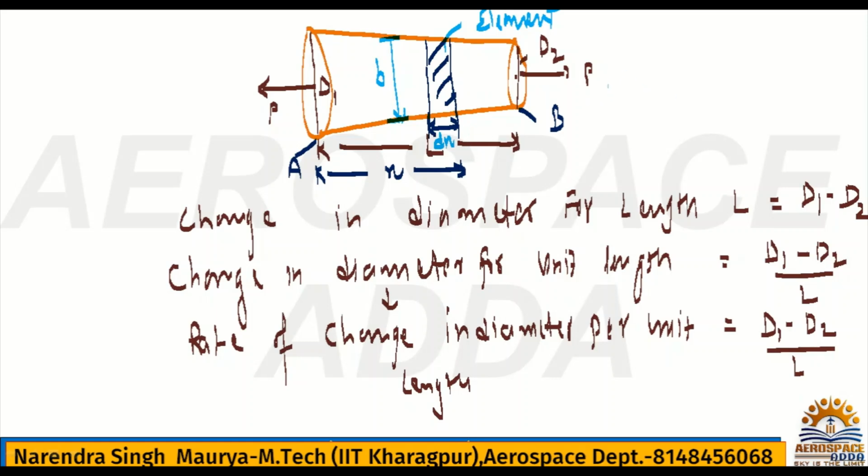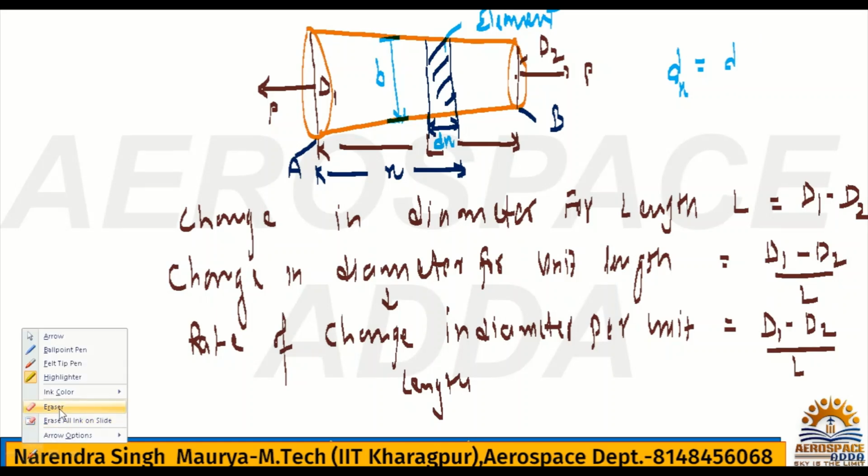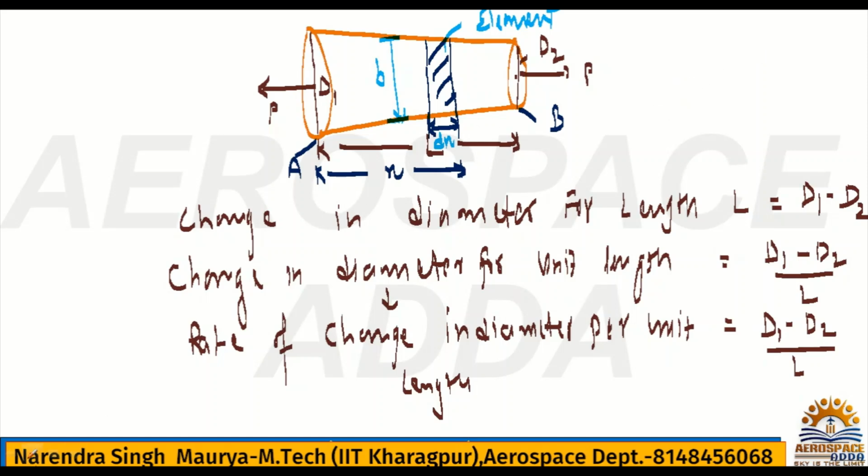The diameter at distance x, I must write capital D, because everywhere I have taken capital for the diameter. So Dx is the diameter at point x.